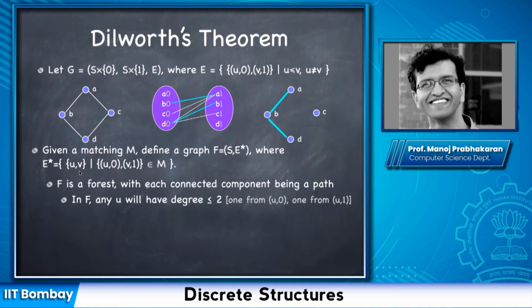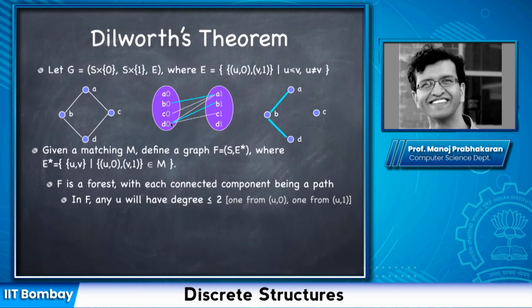Why is that? What is an edge in the graph F? If you have an edge UV, then you should have either an edge U0 V1 in M or an edge V0 U1 in M. But you cannot have, say, U0 V1 and another U0 W1 in M, because M is a matching. So the node U0 cannot have two edges incident on it.